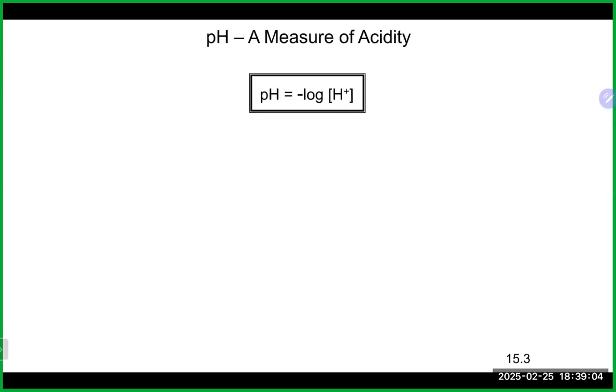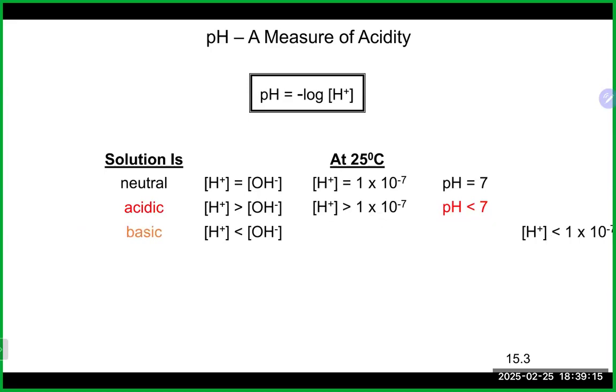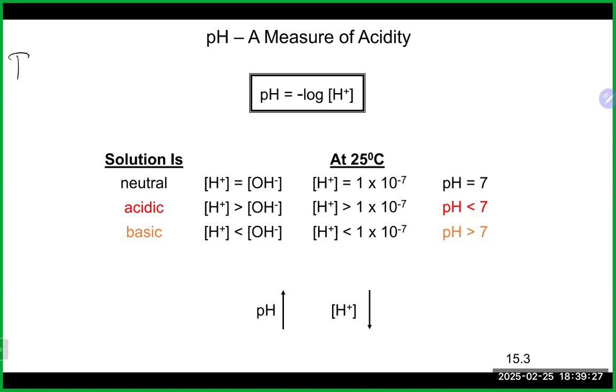All right. So let's talk a little about pH and the pH scale. pH is a measure of acidity. We use the pH scale to help us determine whether something is acidic, basic, or neutral. The pH scale runs from 0 to 7 to 14.